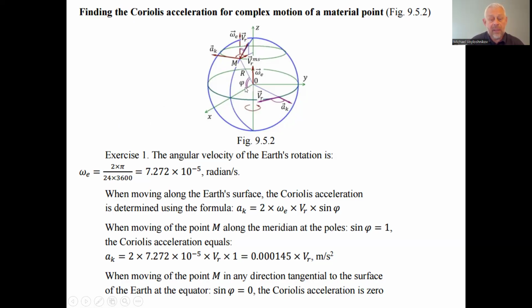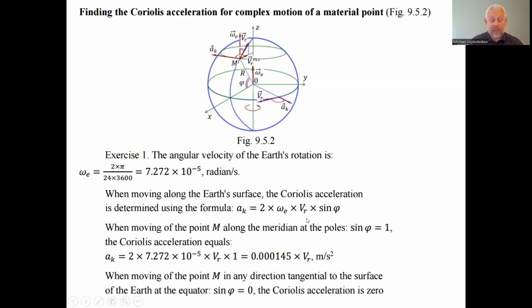We can relate the phi angle here to this radius of the Earth. This is latitude. This is the positive direction of the transfer angular velocity. This is the magnitude of the angular velocity. This is north, this is south, this is east, west.